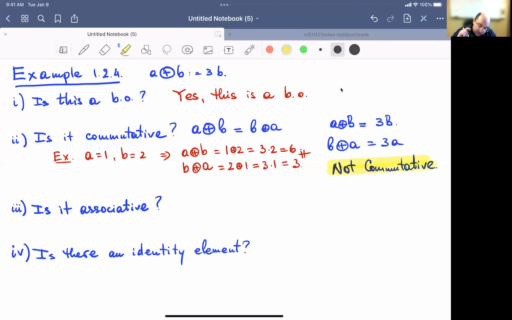Okay, so next we want to know if it's associative.